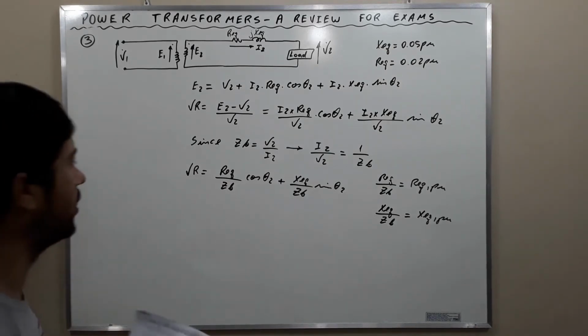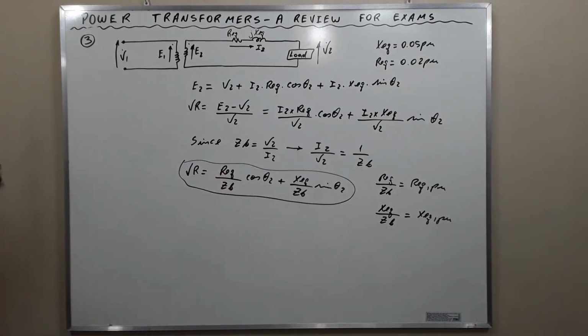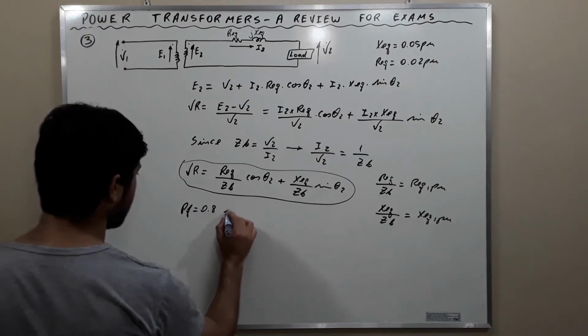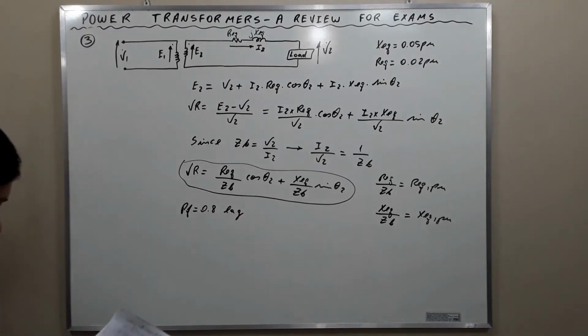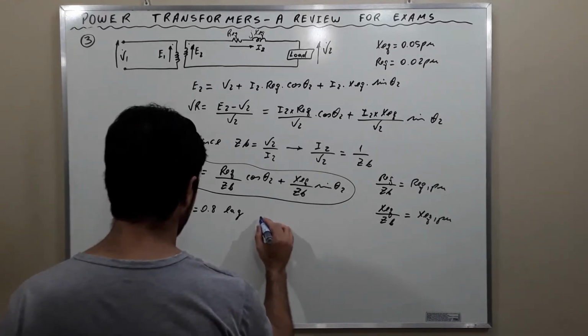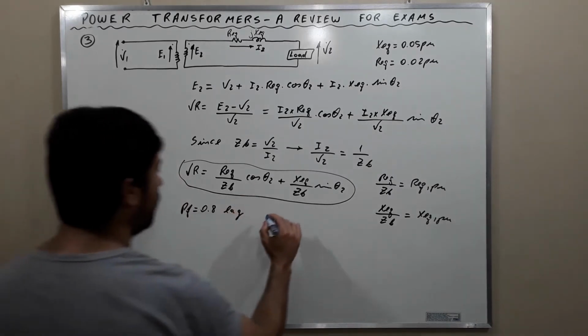With this expression here, and using the values provided by the exercise, we can calculate everything. The exercise said that the power factor was 0.8 lagging. Therefore the cosine, this is already the cosine of the angle, okay?